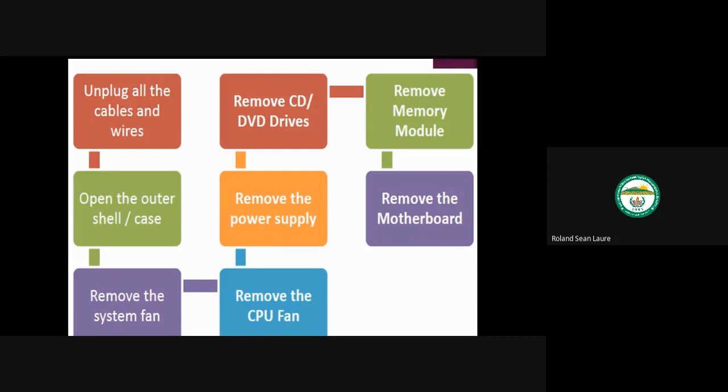Remove the power supply, then the CD, DVD drives, then remove the memory module and remove the motherboard. So that is the most basic in CSS, assembling and disassembling. This is what you do in the assessment.